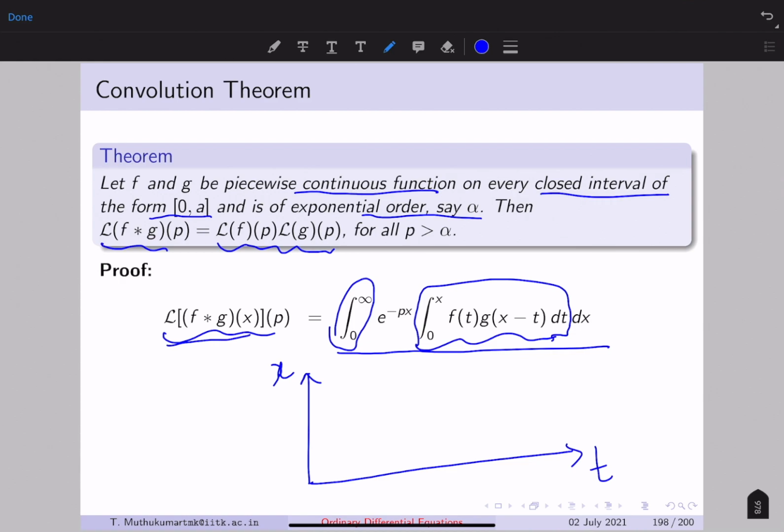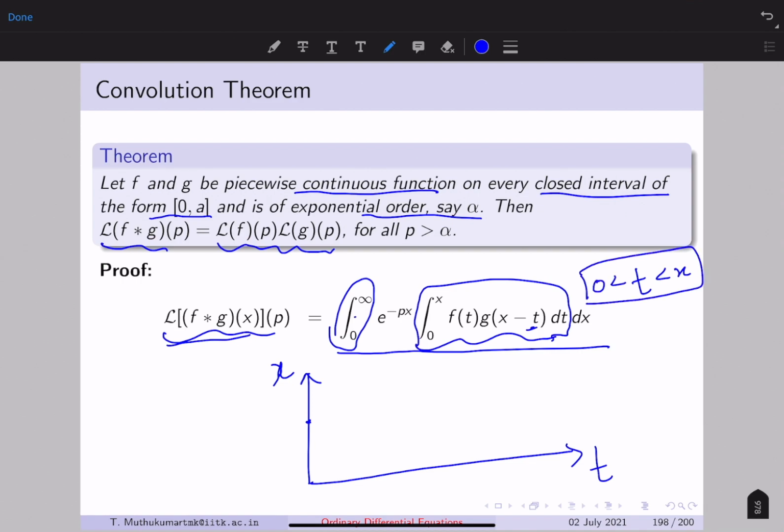But the point is, once you fix x from 0 to infinity, t can go from 0 to x, right? So t can go only up to x. So t is less than x once you fix x.